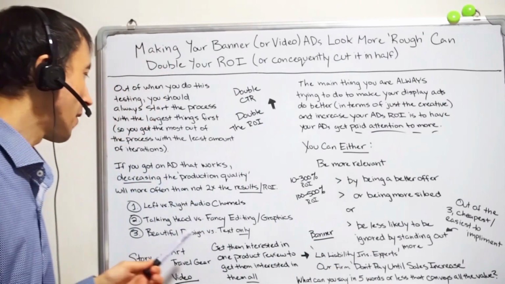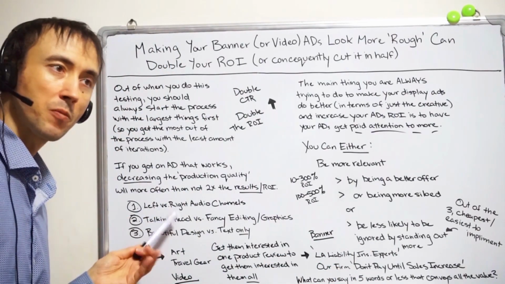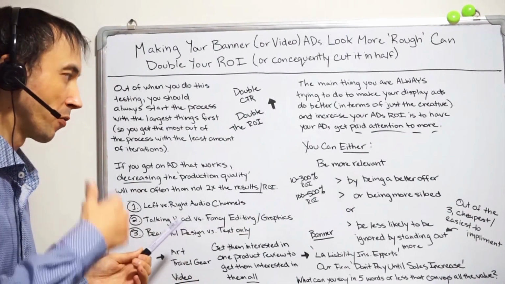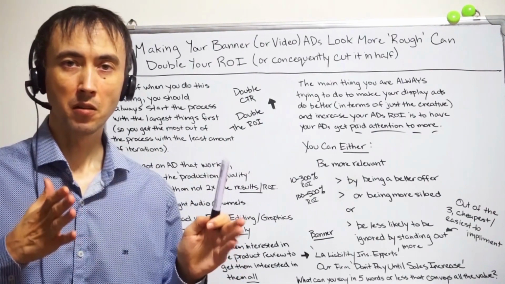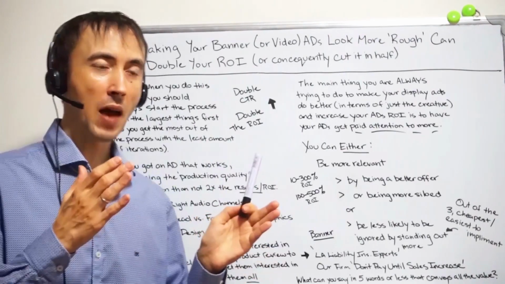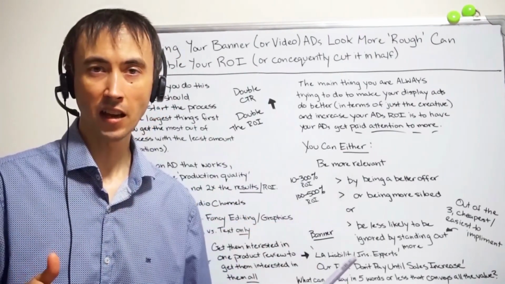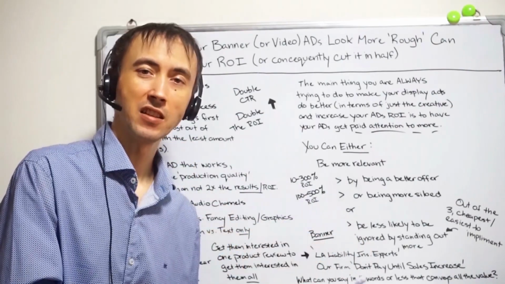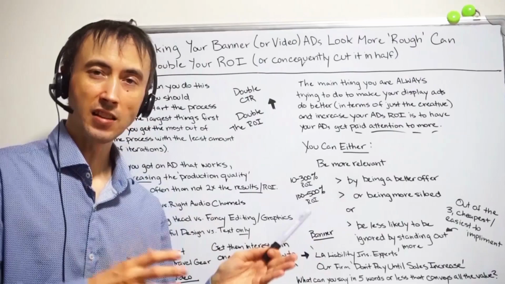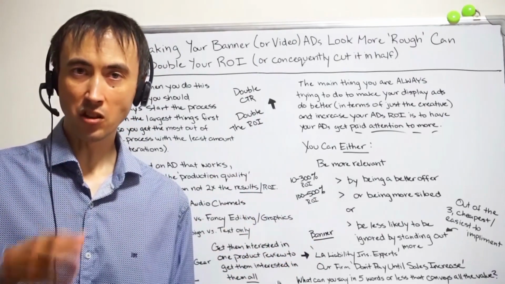What I mean by that is, you take your video or banner ad and, instead of making it look so slick, you make it look more amateur. As counterproductive as that seems, that actually gets the ad to not look like an ad so much anymore.